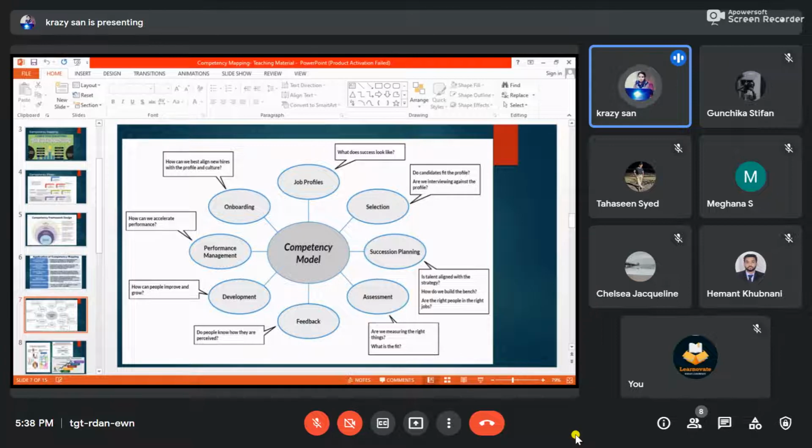Then comes performance management. Performance management should always be done twice a year in the organization, so that every employee feels that they are an asset for the organization.